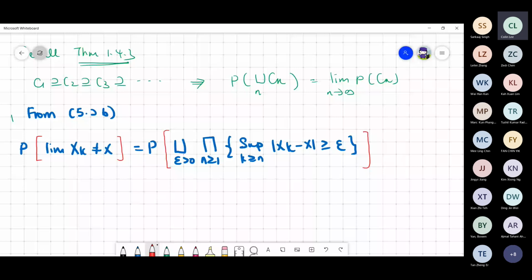Okay, now according to here, from this theorem, this is actually our Cn. So from our discussion above, by using theorem 1.4.3, we can have this. Sorry, I made a mistake here because this is decreasing, so this is not a union. This one's supposed to be an intersection. So that means if you look at here, this whole thing is our Cn here.